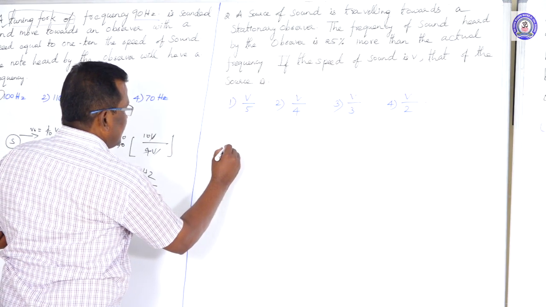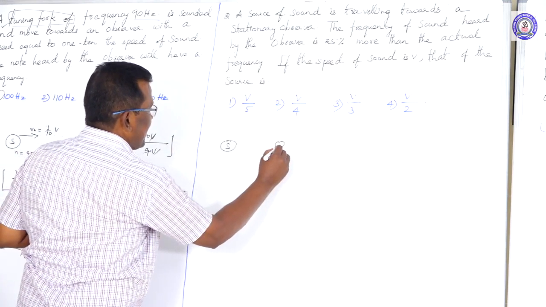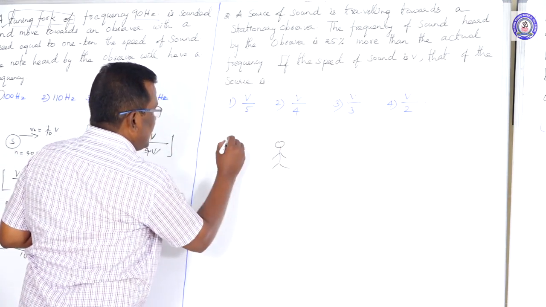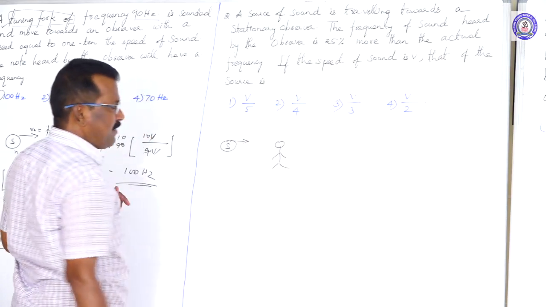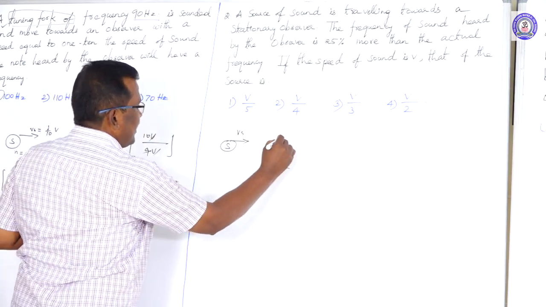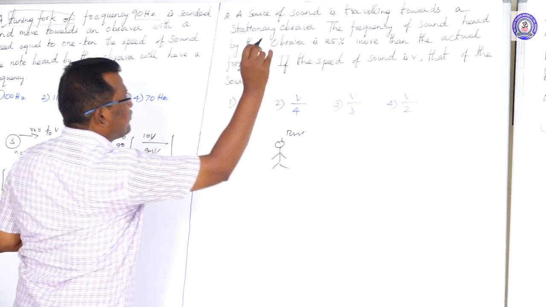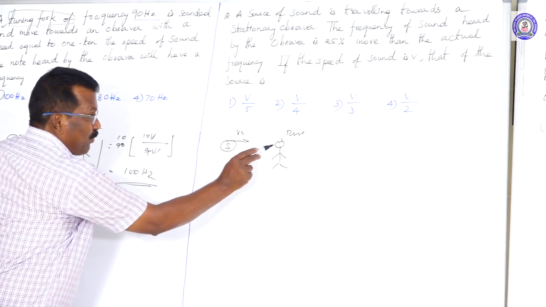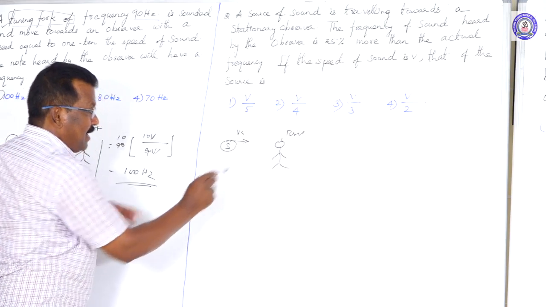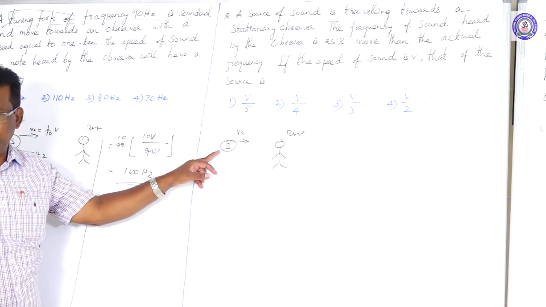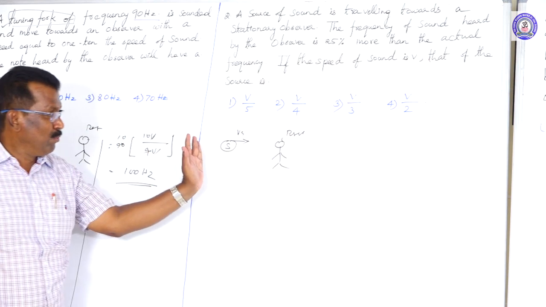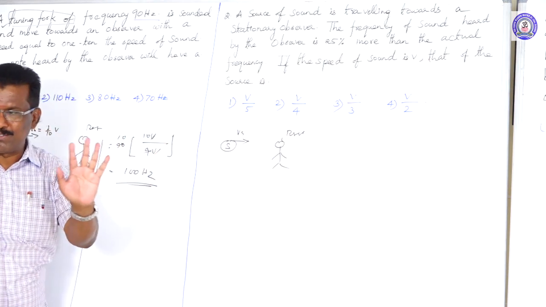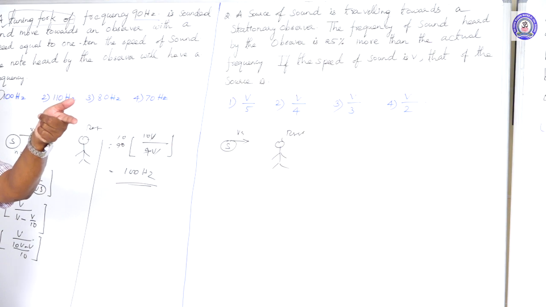First, the source, then the observer. Moving towards a stationary observer with Vs. The observer is at rest. The frequency of the sound heard by the observer: the source already emits a certain frequency, and when moving towards the observer, the frequency definitely increases.